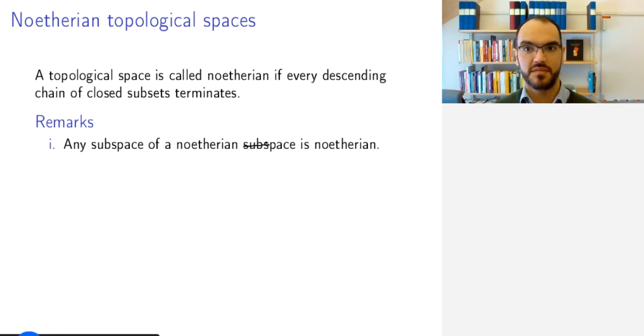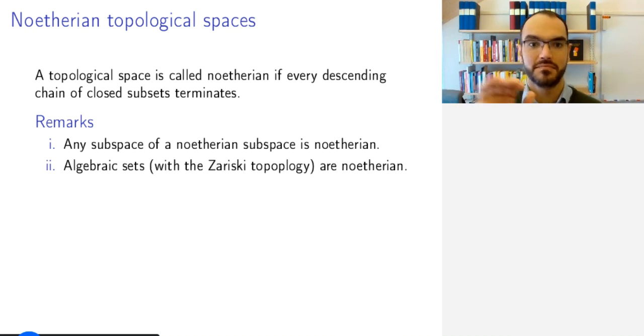And the reason is simply, if you cannot have any infinite descending chain of closed subsets, then in particular you can't have it in a subspace. Algebraic sets with the Zariski topology are noetherian. This is because the coordinate rings are noetherian. So now we're looking at algebraic sets, so these are V of I1.